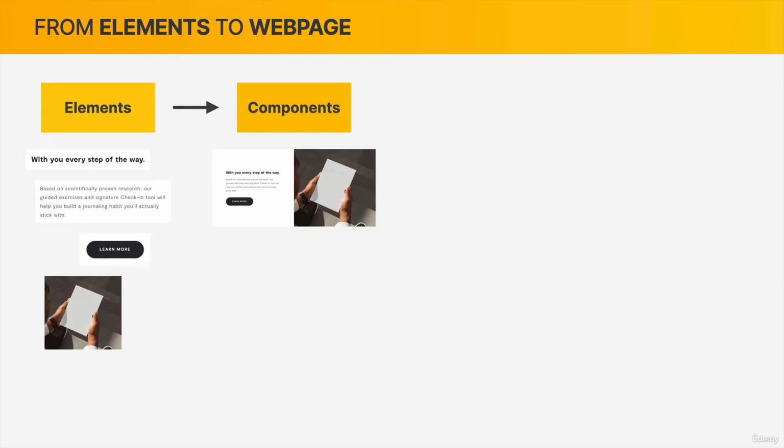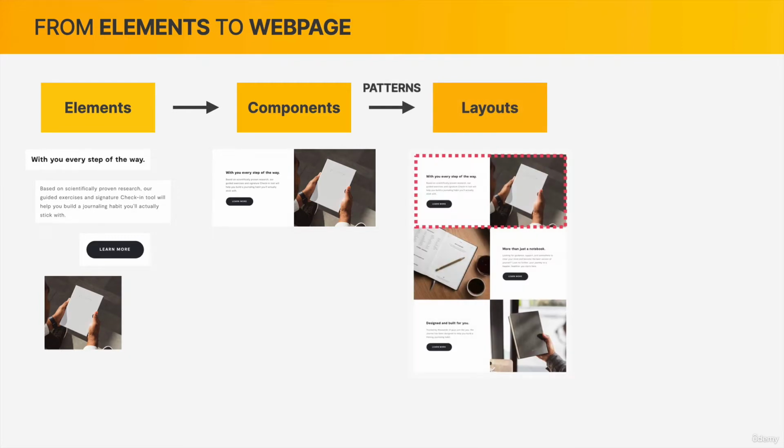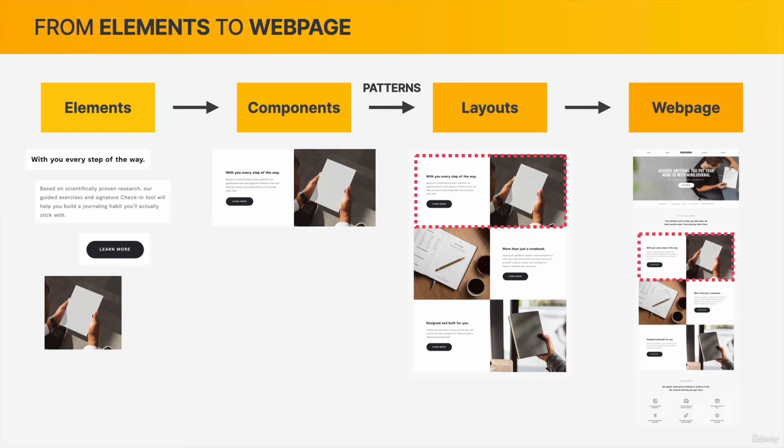Then we take all the components that we designed and use them to build a layout using common layout patterns. Finally, we take all the smaller layouts like this one, or just one big layout, and assemble a final page from them. And so in the end, this is how we come up with a final design.